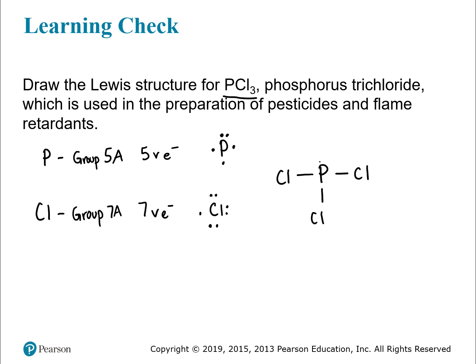Then I'm going to draw in all the lone pairs. So phosphorus needed 3 bonds, and it has 3 bonds here. Each chlorine needed 1 bond, and they each have 1 bond. But we've still got these pesky little valence electrons that you have to draw in. So don't forget about these.